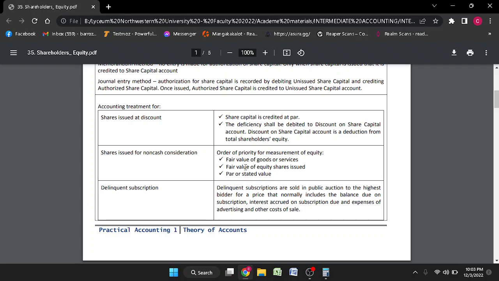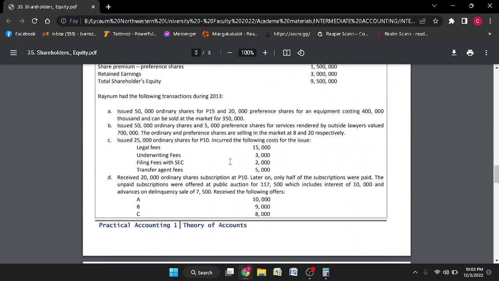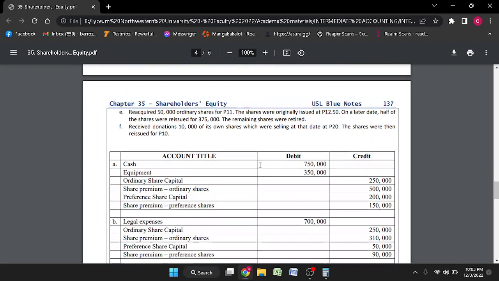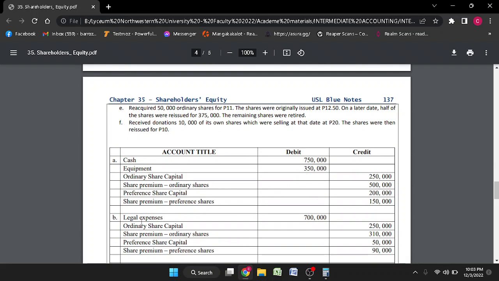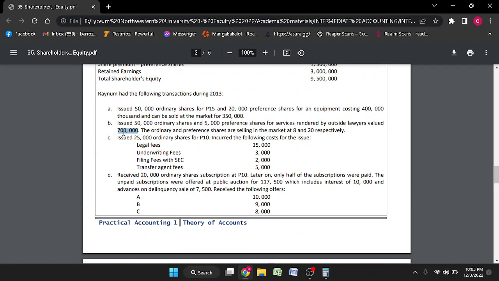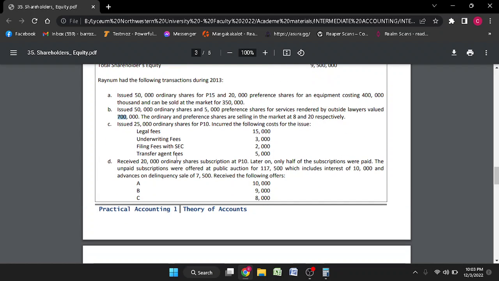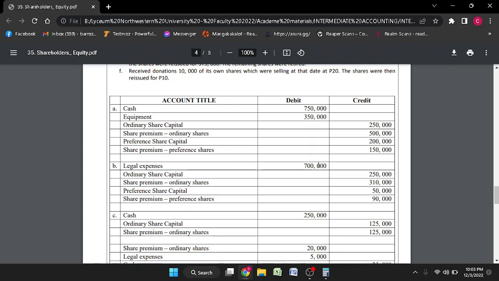We should use the cost of the lawyer's services, legal fees, expenses, 700,000.